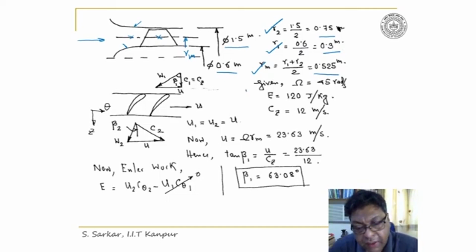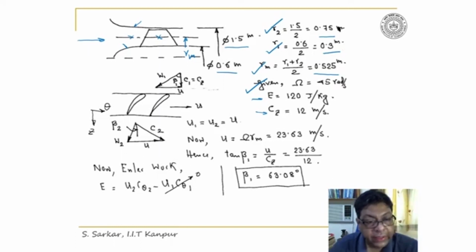Furthermore, it is given that omega is 45 radians per second, Euler work E is 120 joules per kg, and Cz, the axial velocity passing through the impeller, is about 12 meters per second.